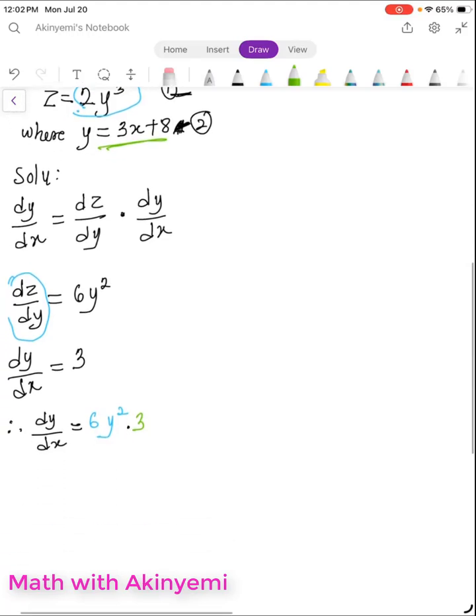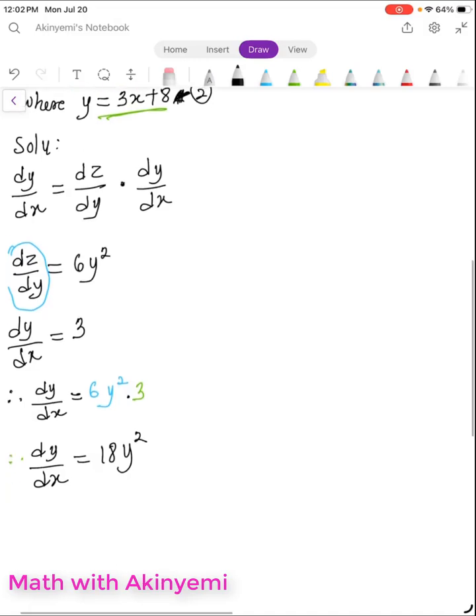If we multiply that, dz over dx will be equal to 18y square. As simple as that, 18y square.